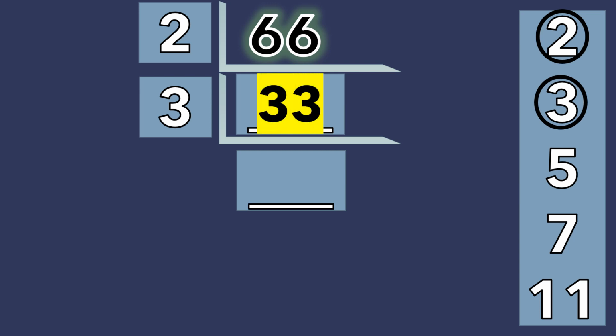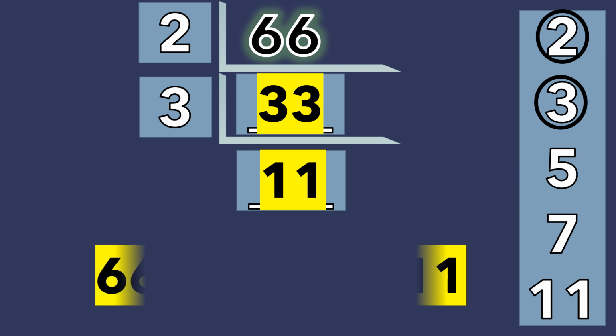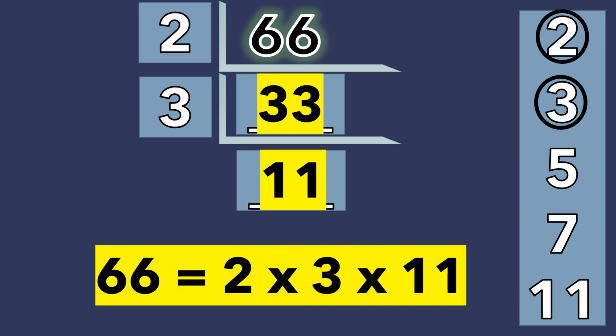So now, we will divide 33 by 3. What is the answer? Good job. It's 11. So now, there is no more prime factor aside from 11. We cannot divide 1, okay, by itself. Okay, so now, the prime factorization of 66 is equal to 2 times 3 times 11.